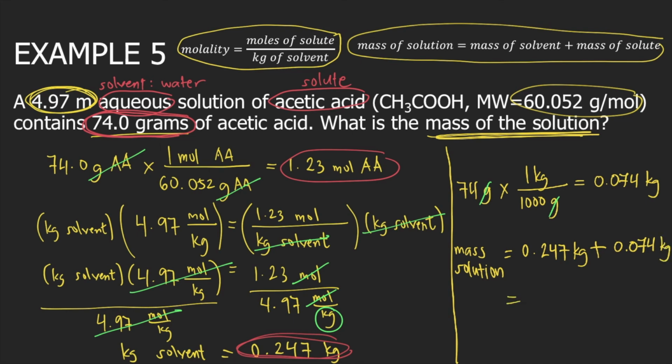So the mass of solution is 0.247 plus 0.074. This is equal to 0.321 kilograms. So this is the mass of solution. If you want to convert this to grams, this is equal to 321 grams. So the answer to this question is 0.321 kilograms or 321 grams.